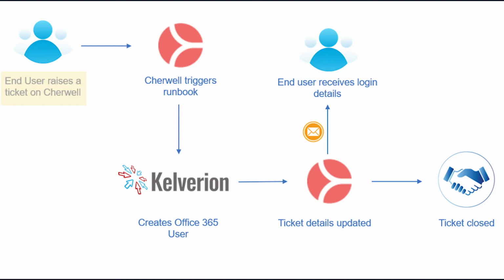The Cherwell system will then trigger a Calvarian runbook, which is an automation runbook, which will go off and automatically create an Office 365 user. Once this has been performed by the automation platform, it will update the ticket details in Cherwell and the end user will receive the information that they need, in this case, login details. And assuming everything has gone successfully, the ticket will automatically be closed.